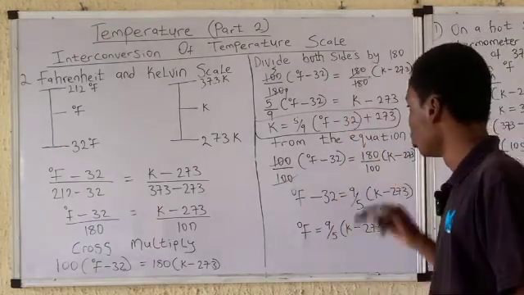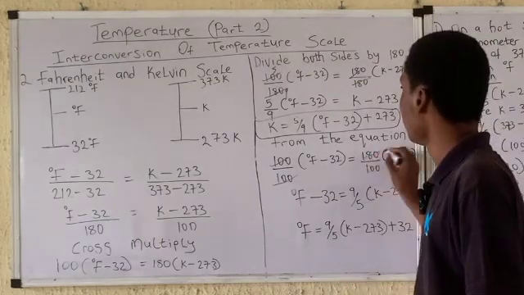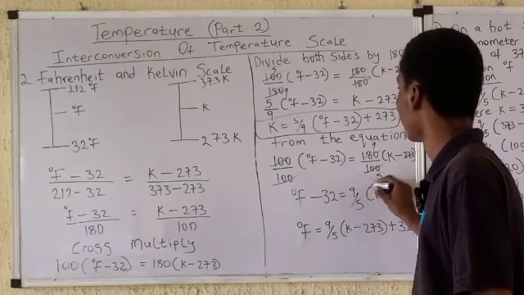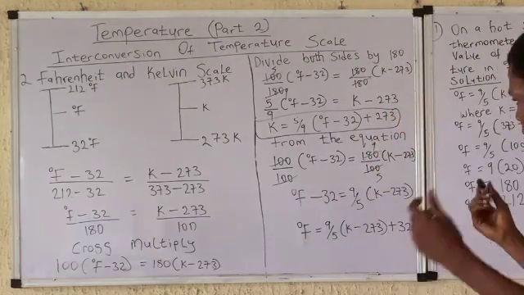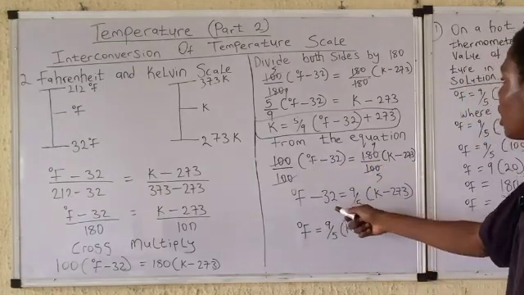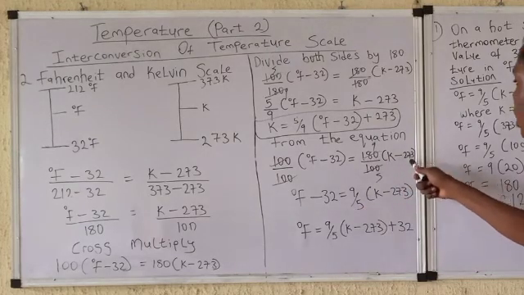Now 180 and 100, we use 20 to divide. When we use 20 to divide here, we have 9, and here we have 5. So we have Fahrenheit minus 32 equal to 9 over 5 in bracket Kelvin minus 273.